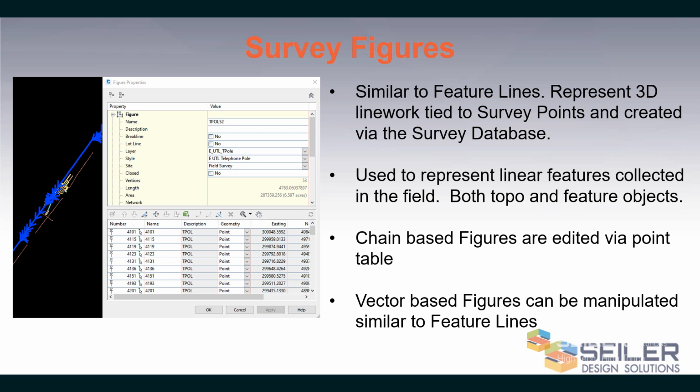Well, a survey figure is the same thing, except they're tied to the survey database and they're influenced by the points that are placed. They're used to represent both linear features collected in the field, both topo and feature objects. Chain-based figures are edited via a point table, as you can see by the illustration here, or there are vector-based figures, and they can be manipulated similar to feature lines using the horizontal geometry edit tools and the vertical edit tools.